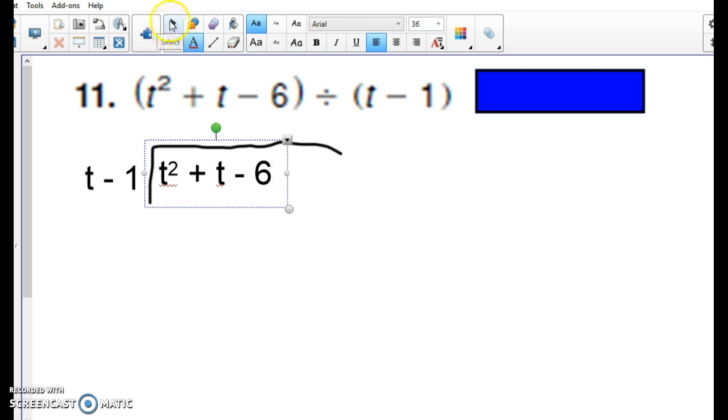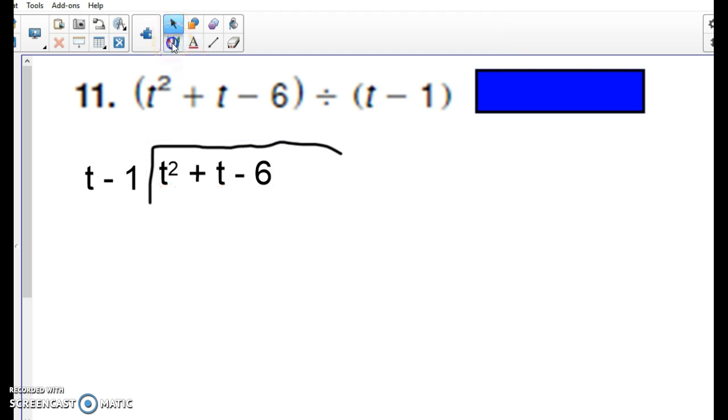All those other ways you could do like this, but I think it's a little more complicated. So I'm looking at t to t squared. To go from t to t squared, I need to multiply by t. If I multiply all this by t, I end up with t times t is t squared, and negative 1 times t is negative 1t.